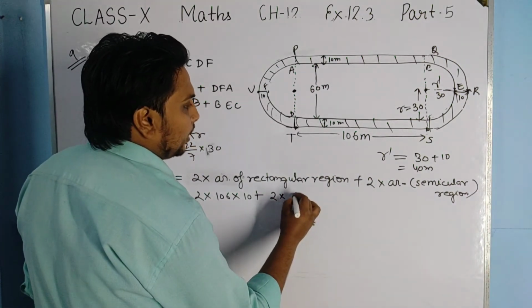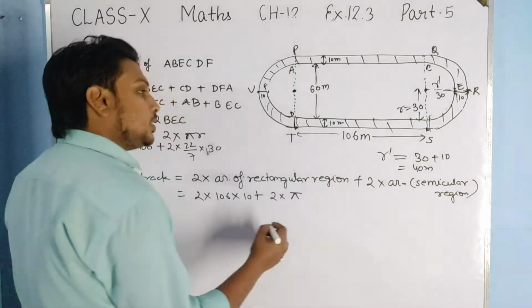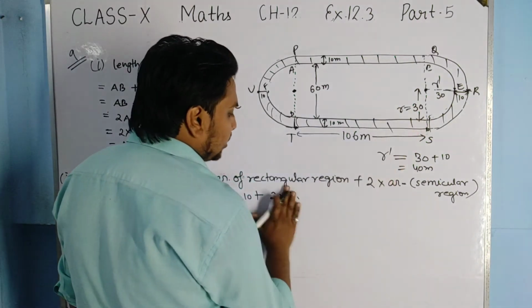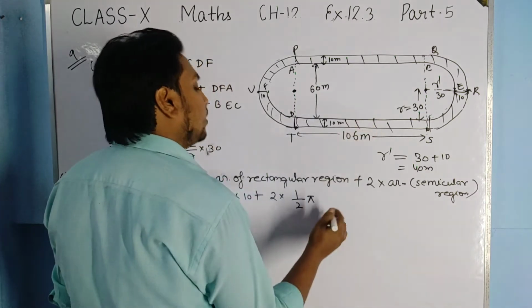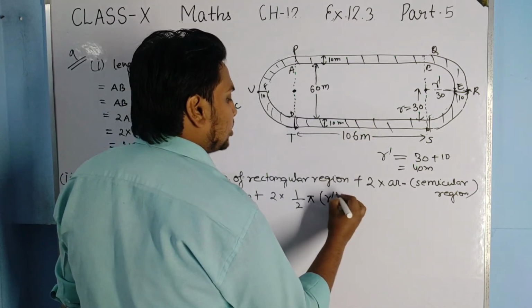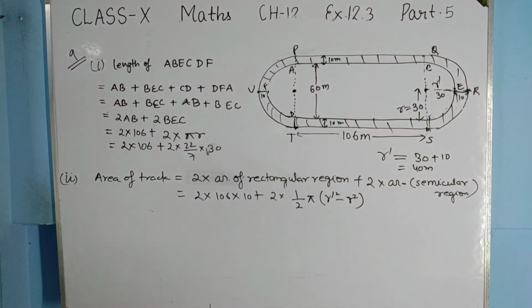Okay, so now you can apply directly 2 into 106 into 10, that is 2 into length into breadth, plus 2 into area of semicircular region. Students, here the area of a semicircle is half pi r square. So here it is r dash square minus r square. Why am I writing this?